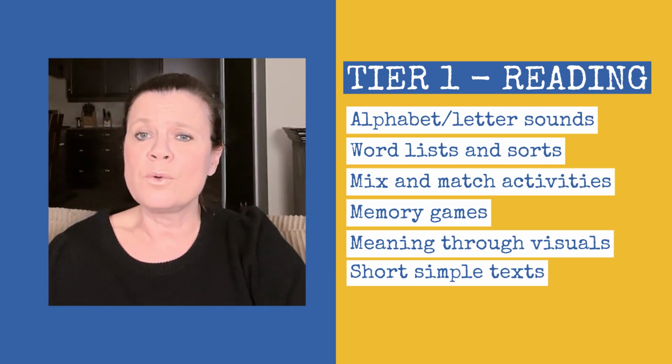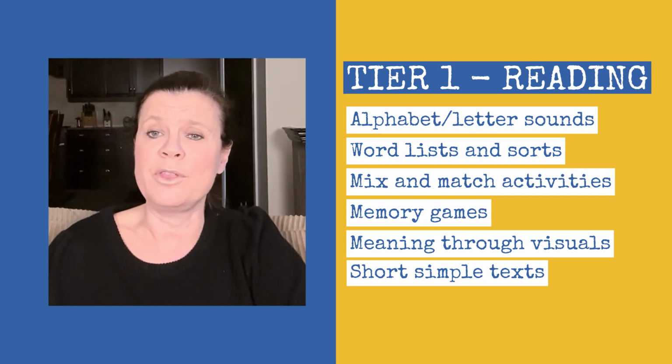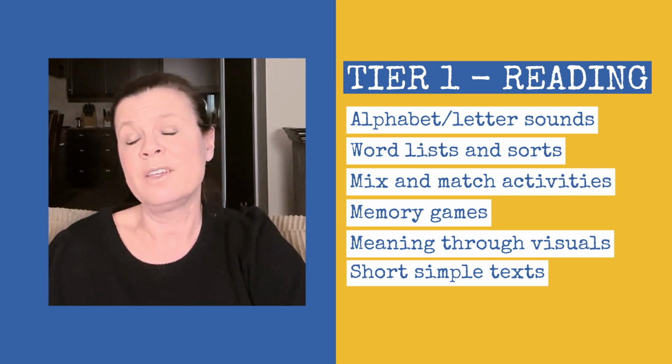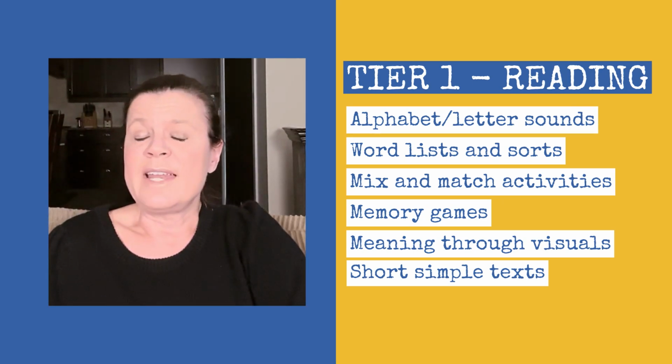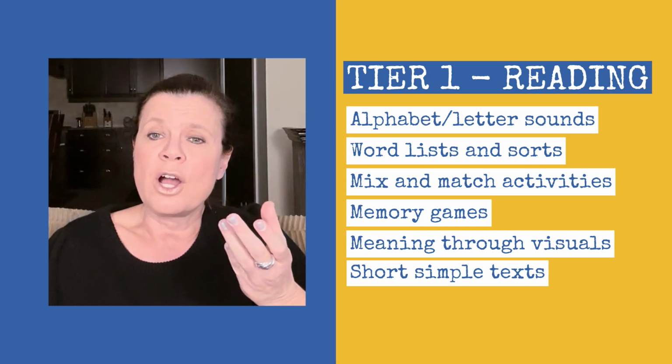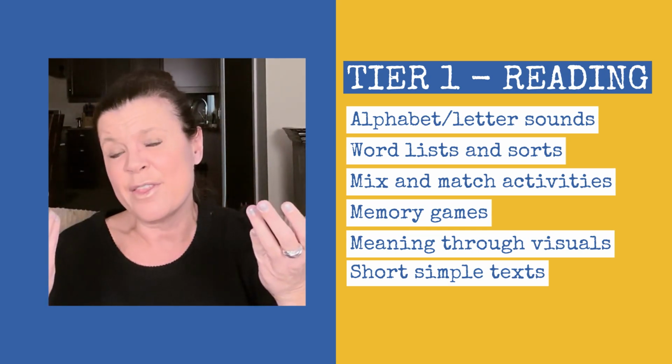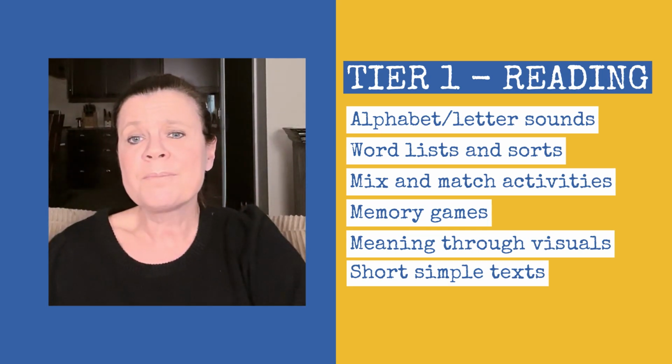You can also try memory games to help them learn Tier 1 type vocabulary words. So you can have the picture on one card, the word on the other card. You could even have the word in English on one card and the word in their native tongue on the other card. It's up to you.